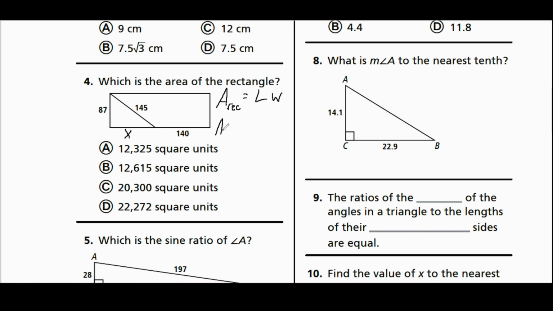So in this case, the area of the rectangle is going to be equal to x plus 140 times 87. Now, it's not like we have to do anything else here that's too hard. We're not going to distribute anything. We can solve for x by using the Pythagorean theorem because we know it's a rectangle. And from topic 6, we know that this has a 90-degree angle at every vertex.